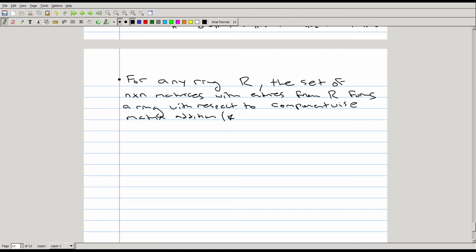And this is with respect to the star plus operation and matrix multiplication done with respect to, or using, the star operation.